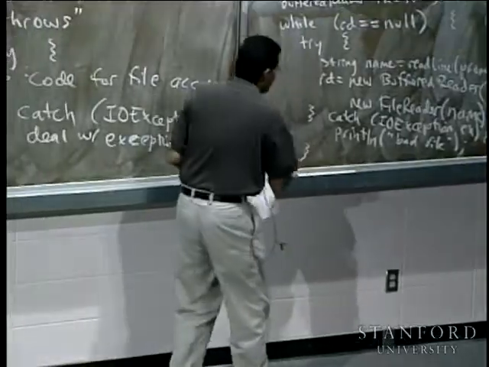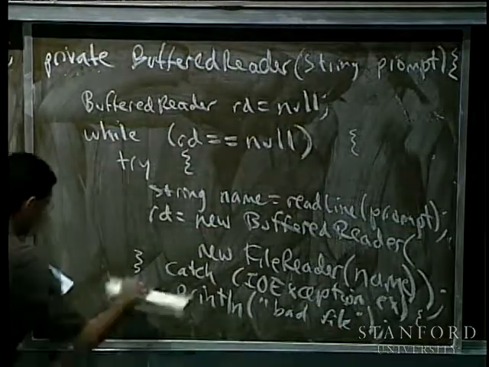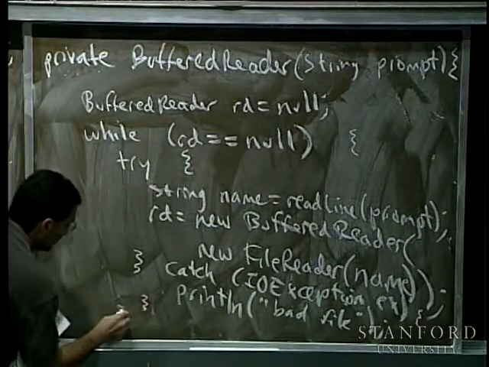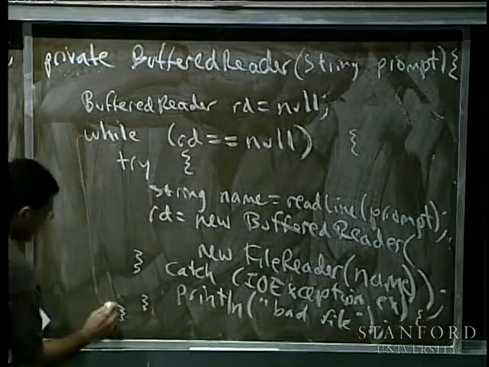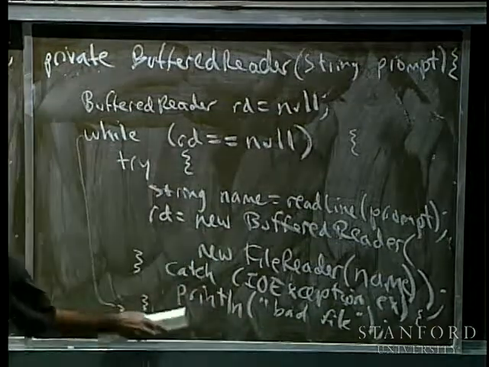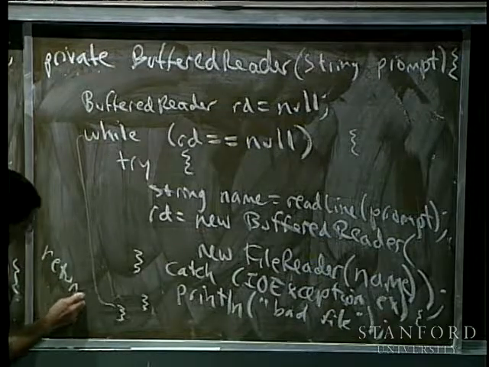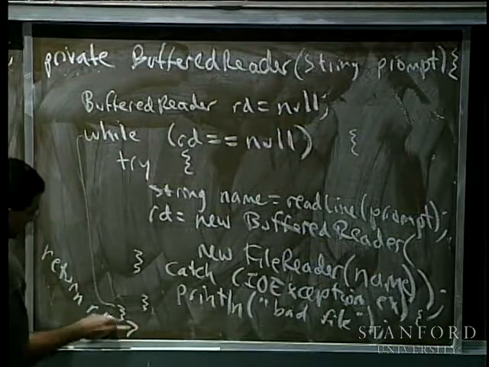And then I'm going to have a close brace for the while loop, so this brace corresponds to the while loop. And if all of this works out, I'll write it over here on the side, I will return RD. That line would go right down here.